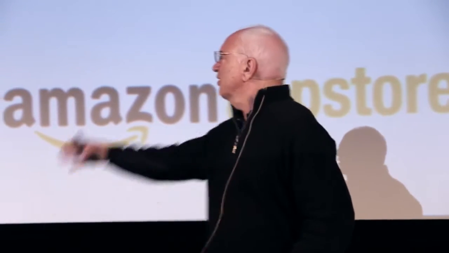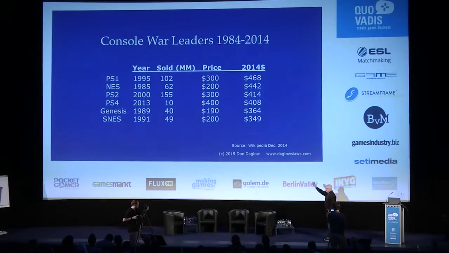What are the prices for machines that are successful? So if we look at a chart now, here we have the leading machine from each generation. We have the year they came out, how many millions of units they sold worldwide, the price they sold for when they came out, and at the end of 2014, the last complete year, in North America, what their prices would be.